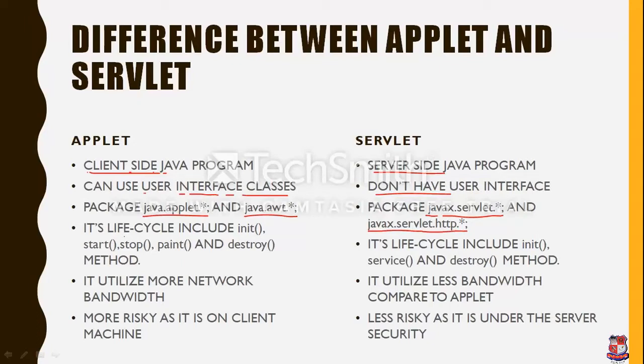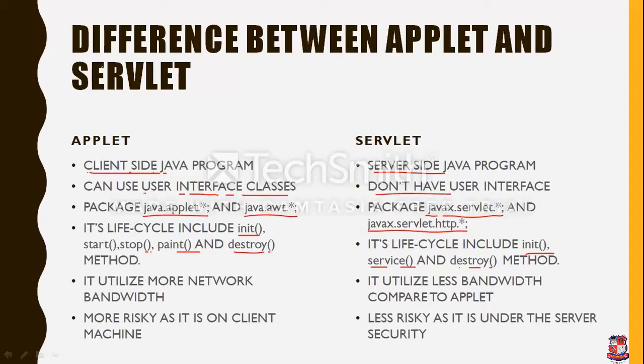As we already studied, in the life cycle of applet, there are 5 methods, that is init, start, stop, paint and destroy method. While in the life cycle of servlet, there are only 3 methods, and that is init, service method and destroy method.